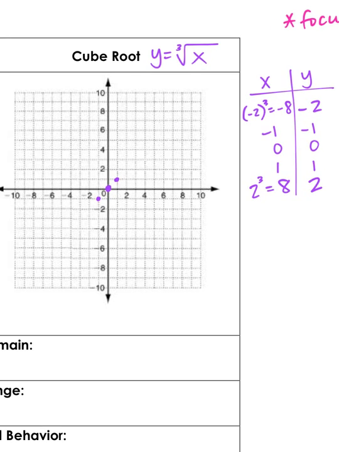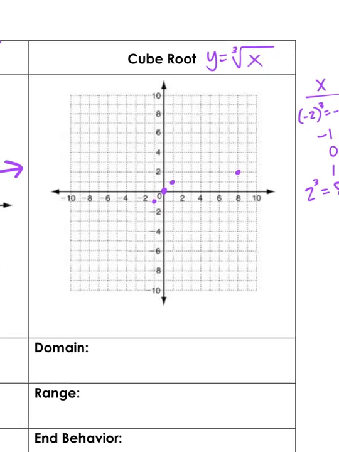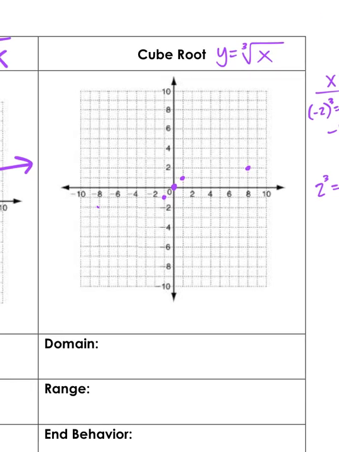So this is going to be our standard starting point. Now I'm going to come to 8, comma 2, and put a point. I'm going to go to negative 8, negative 2, and put a point. And this is going to come into the middle and curve and change directions like that.